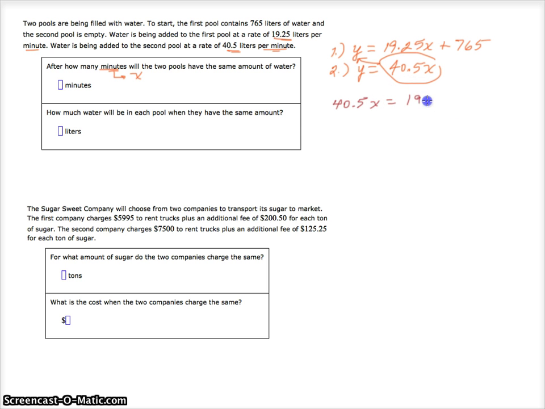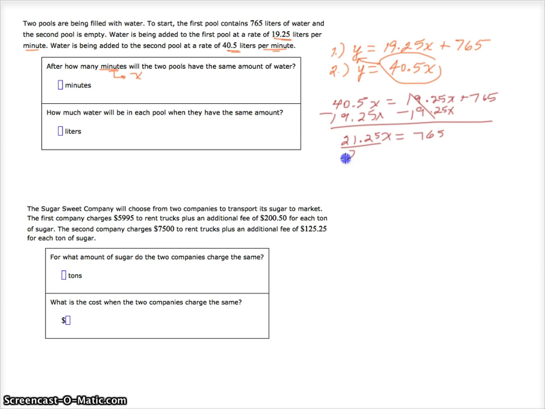So we'll have 40.5x equals 19.25x plus 765. So I'm going to subtract 19.25x, and 40.5 minus 19.25 gives me 21.25x equals 765.